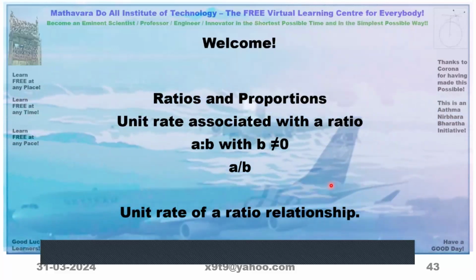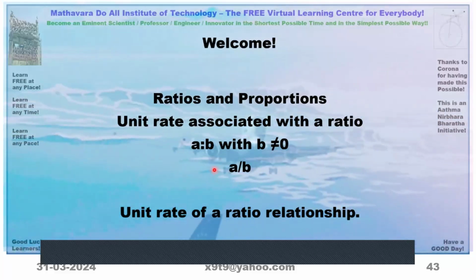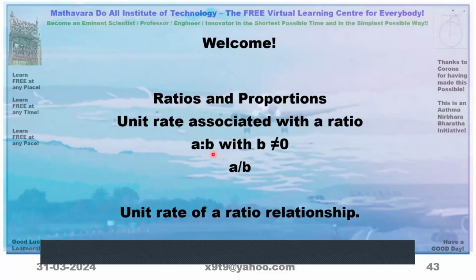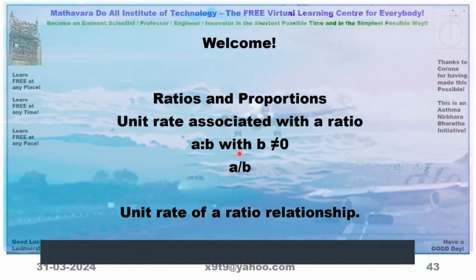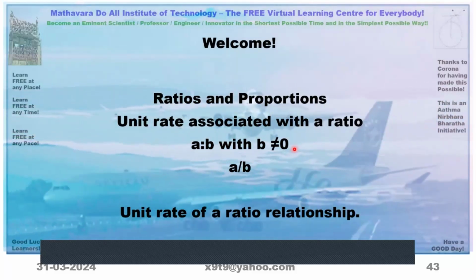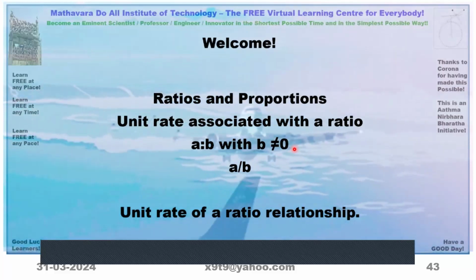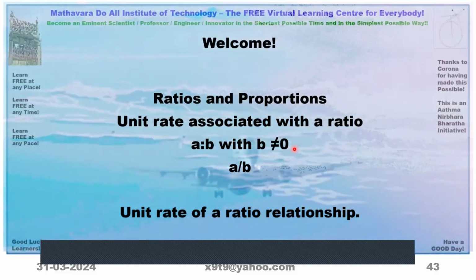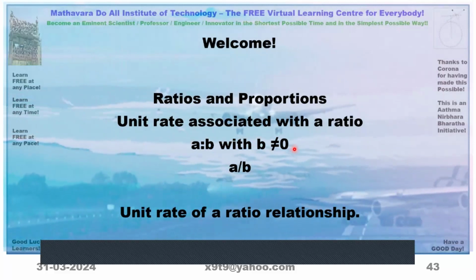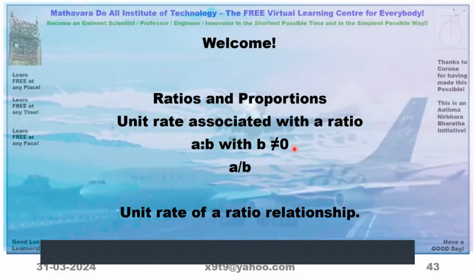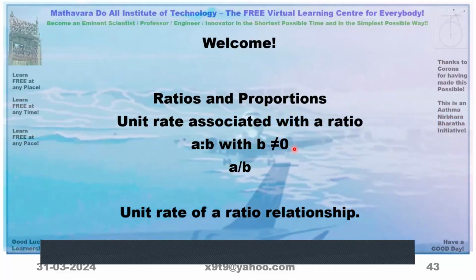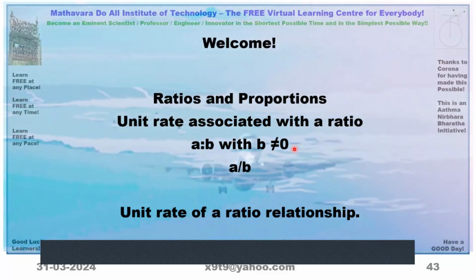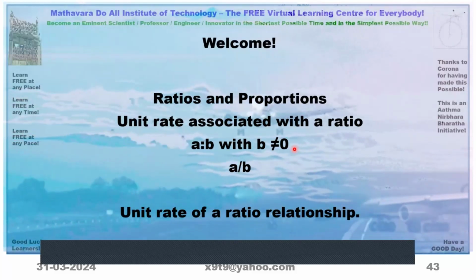So a unit rate is associated with a ratio like A:B, but the important thing is that B should not be 0, because if you divide a number by 0, what will you get? In a calculator, you enter 5 divided by 0. What will it show?